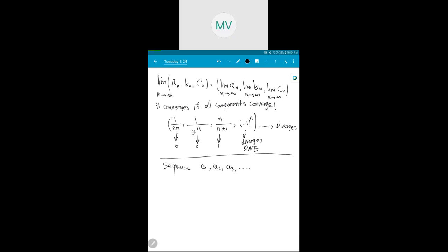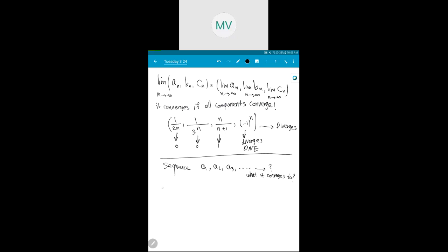This goes forever. And then we want to see what it converges to. I mean, does it even converge? If it converges, what does it converge to? Or it doesn't converge, it diverges.